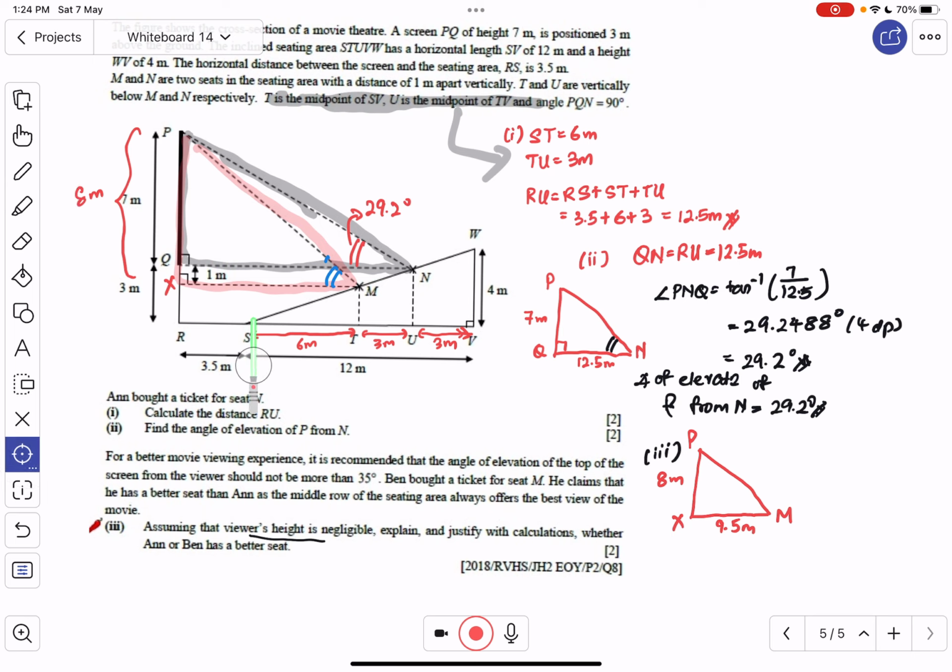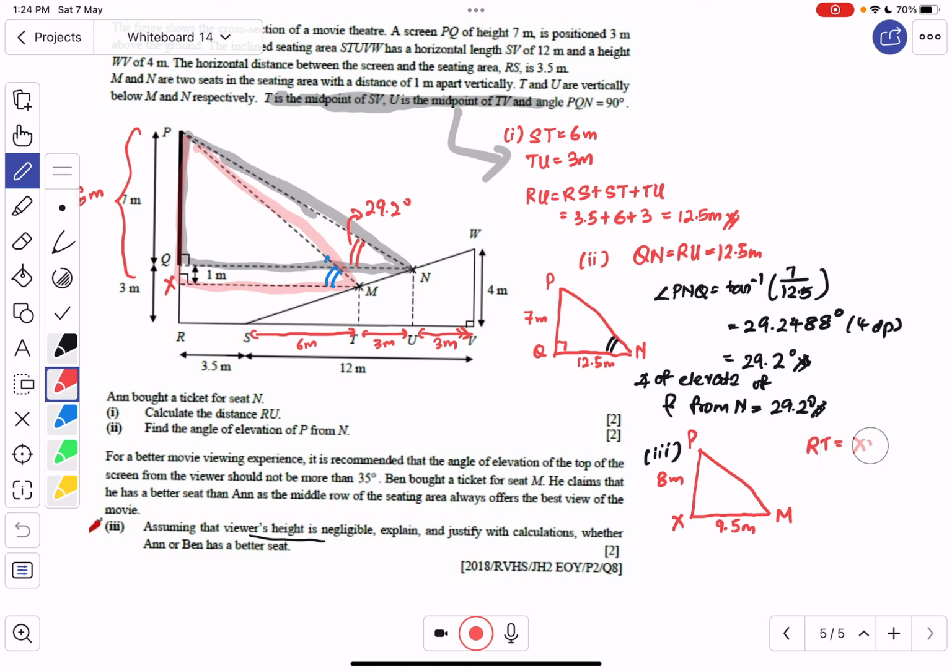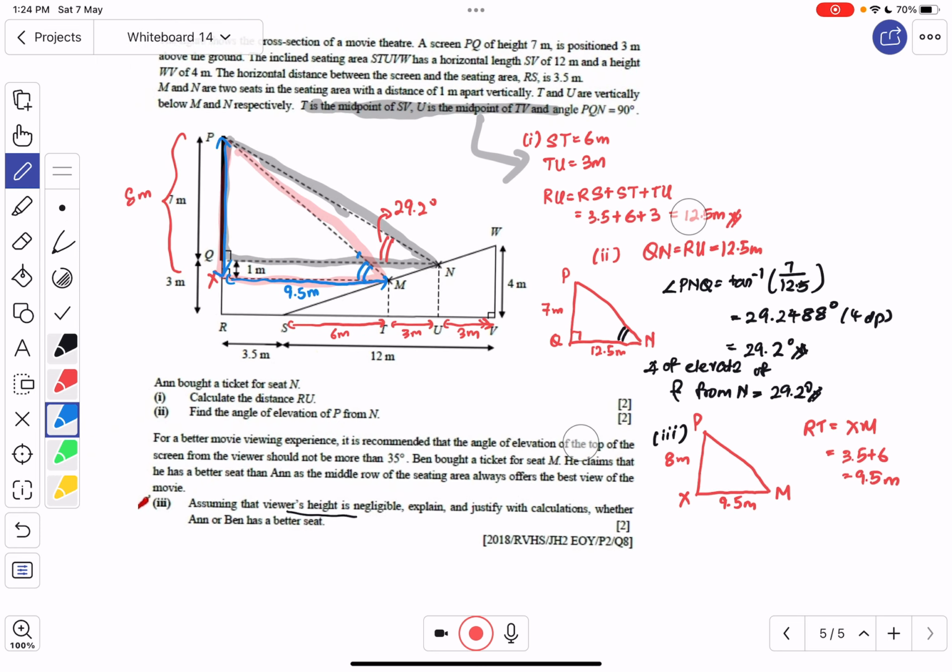Because RT is the same as XM, and RT is 3.5 meters plus 6, which gives me 9.5. So that's why I can say that this length here is 9.5, and this length here is 8 meters.